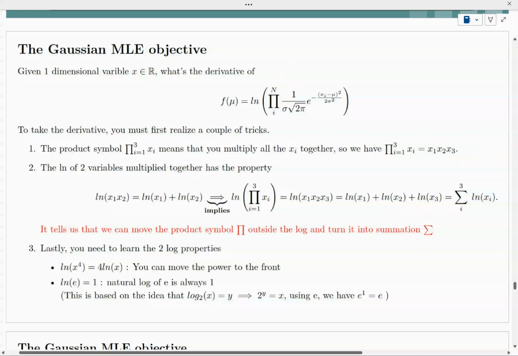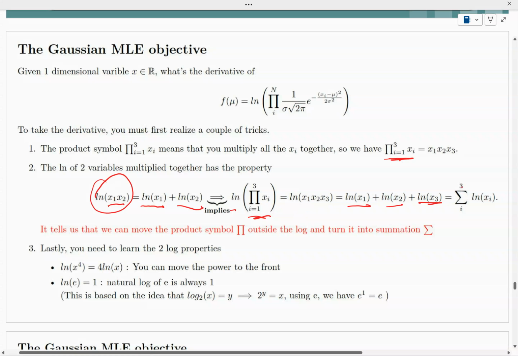The second thing is the log of two variables multiplied together has another special property. If you have log of x1 times x2, it is equal to the log of x1 plus log of x2. Therefore, when you have multiple of them multiplied together, log of x1 times x2 times x3, we can split them into summations.